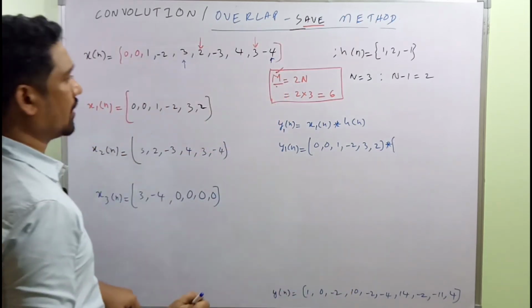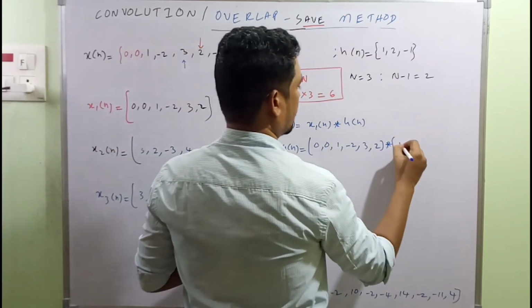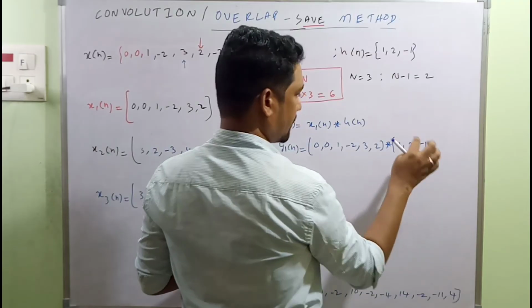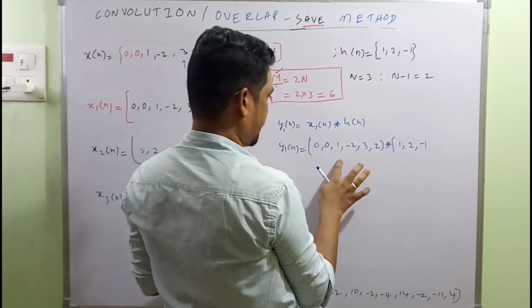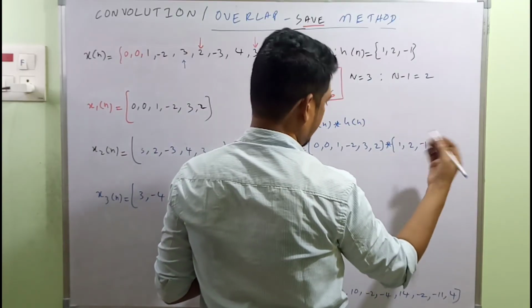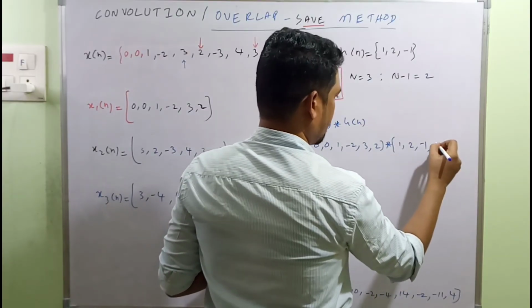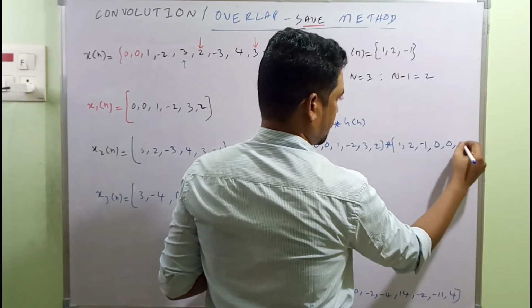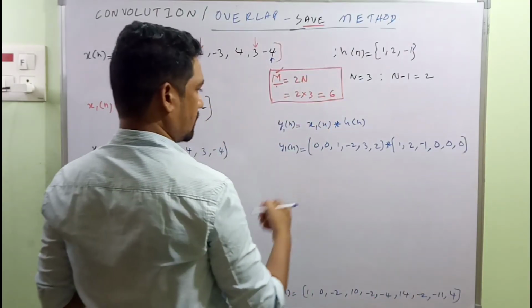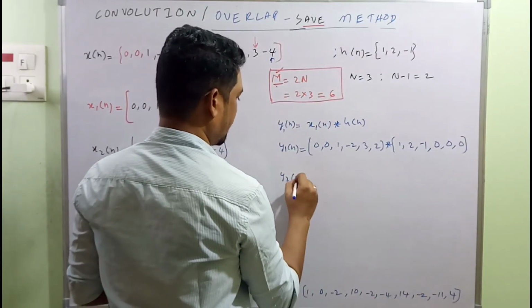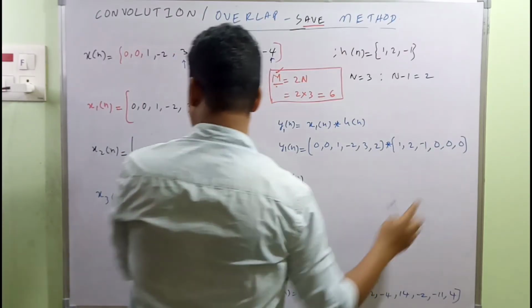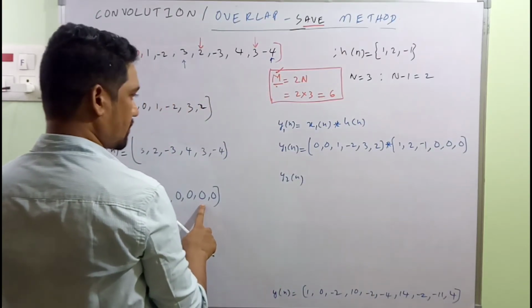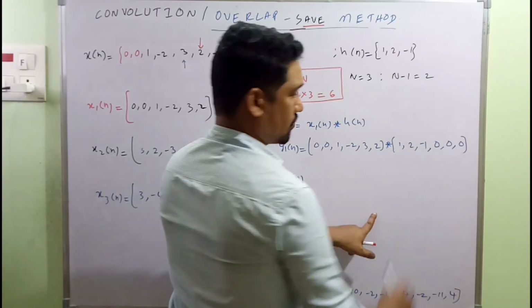What's h of n? It is this one, 1, 2, minus 1, and the length of h of n, the impulse response, should match the length of this sequence, so it should be padded with 0 0 0, guys. In the same way y2 of n will be this sequence convolution with this sequence, and y3 of n will be this sequence convolution with this sequence h of n.